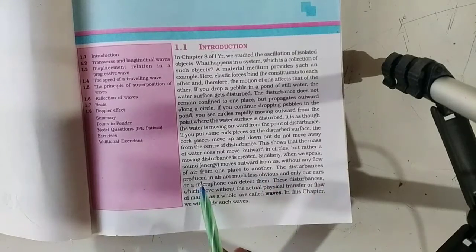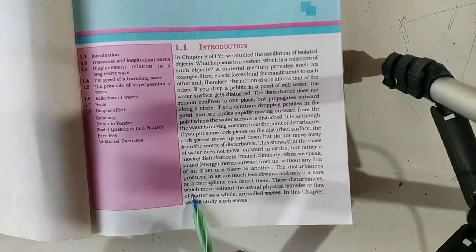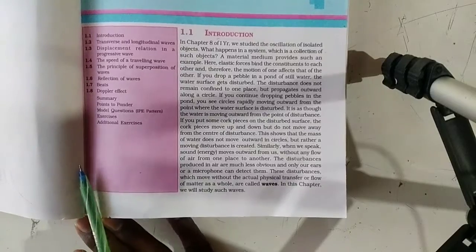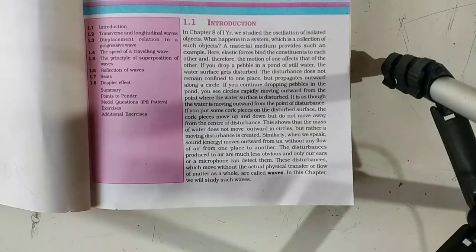The disturbances produced in air are much less obvious, and only our ears or microphones can detect them. These disturbances, which move without the actual physical transfer or flow of matter as a whole, are called waves. In this chapter we will study such types of waves.